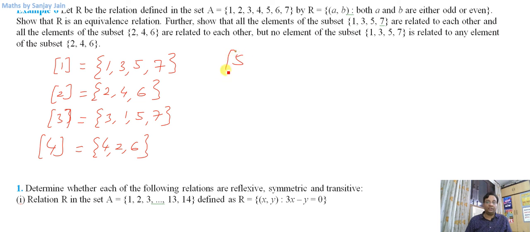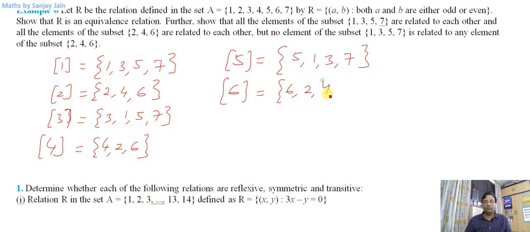And the equivalence class of 5 will have 5 itself, 1 3 7. What else? That's it. The equivalence class of 6 will have itself, 2 4, and that's it. There is no other even number, right? 2 4 6. What about the equivalence class of 7? It will be itself, 1 3 5, right?